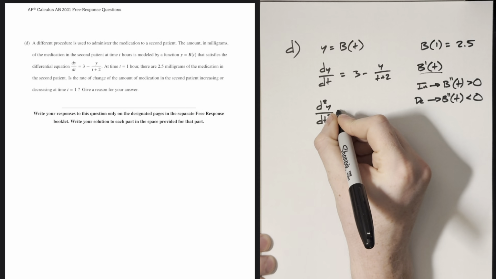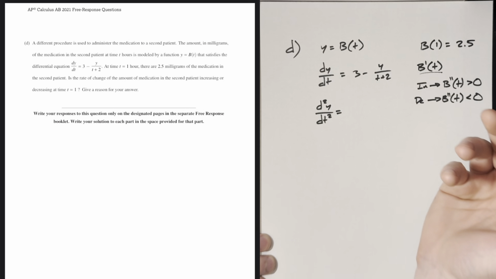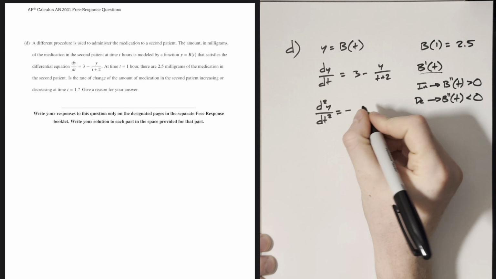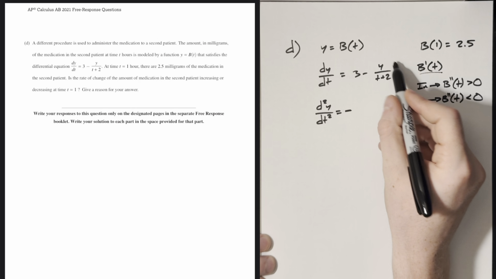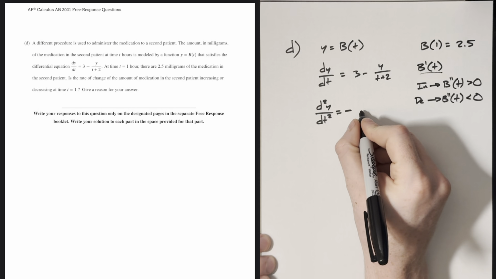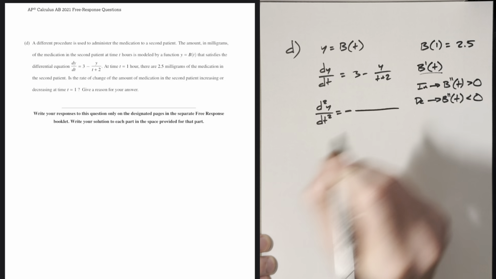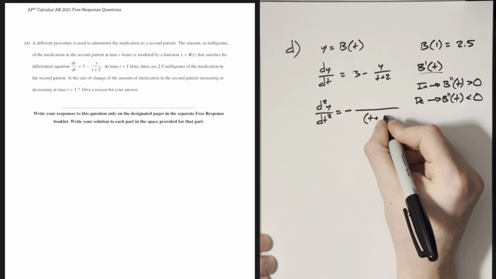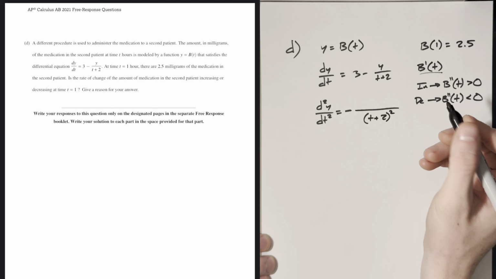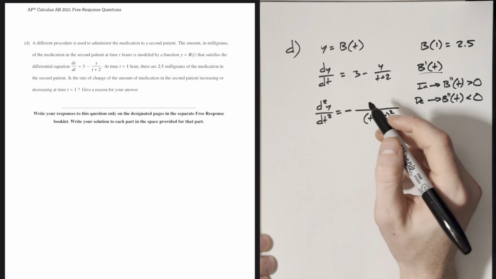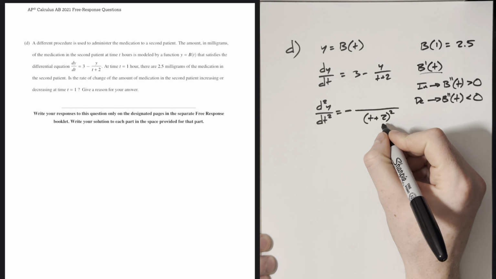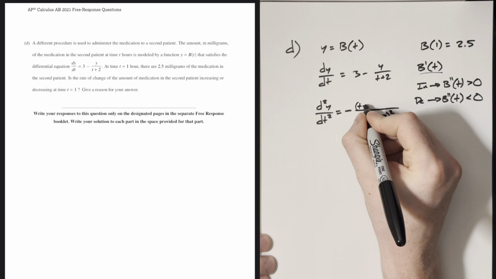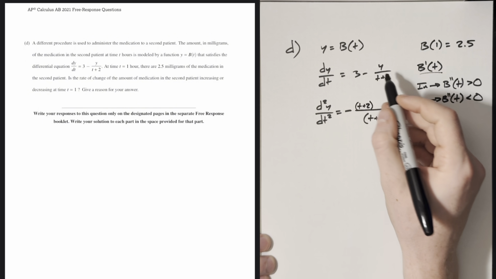So my second derivative is equal to the derivative of 3, which is just 0, minus the derivative of this function. Now I have a function divided by a function, so I know I'm going to use quotient rule. I get t plus 2 squared in the denominator. For quotient rule, it's the denominator squared, then the bottom times the derivative of the top.